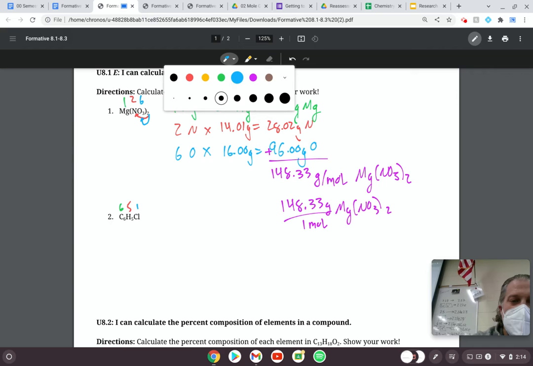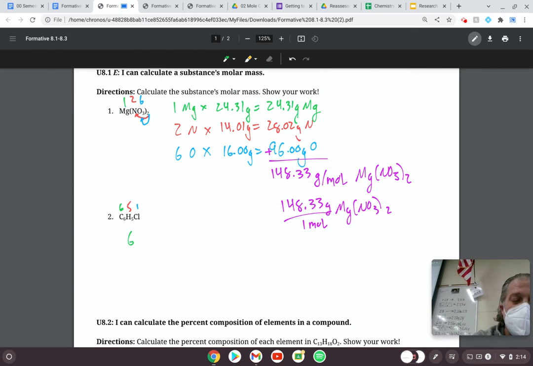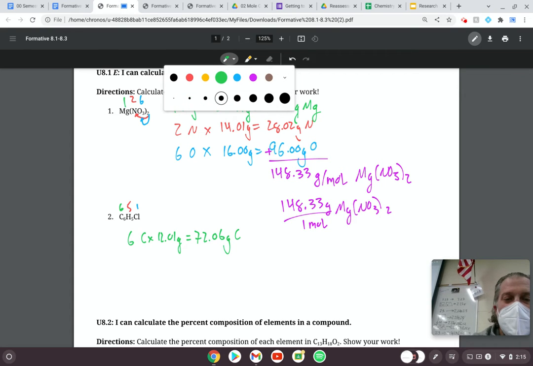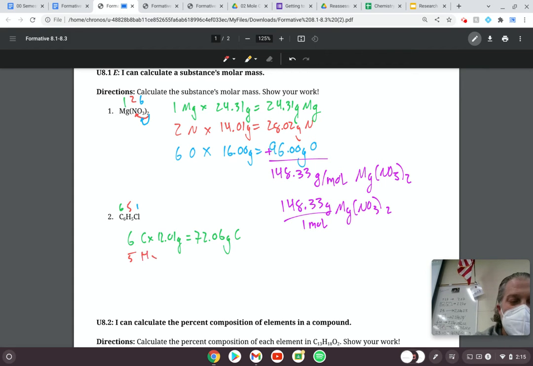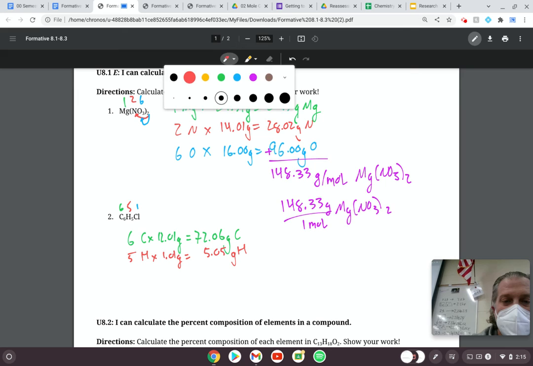So I took 6 carbons times 12.01 grams is 72.06 grams of carbon. 5 hydrogens times 1.01 grams is equal to 5.05 grams of hydrogen.